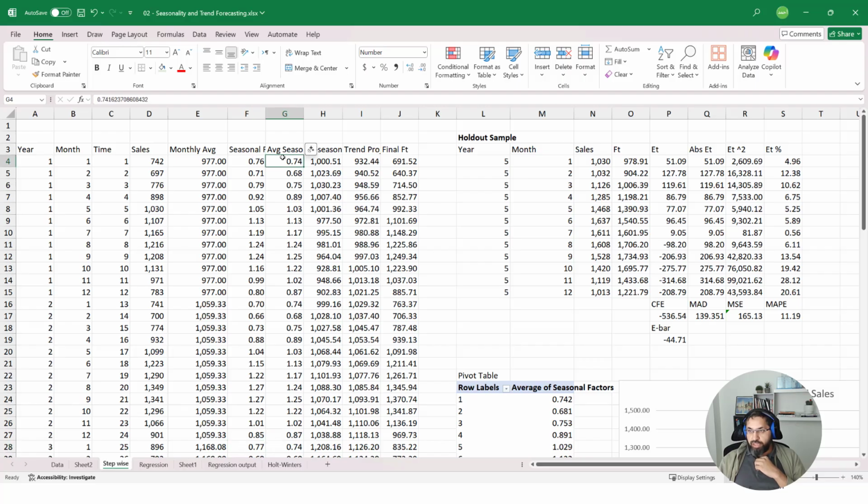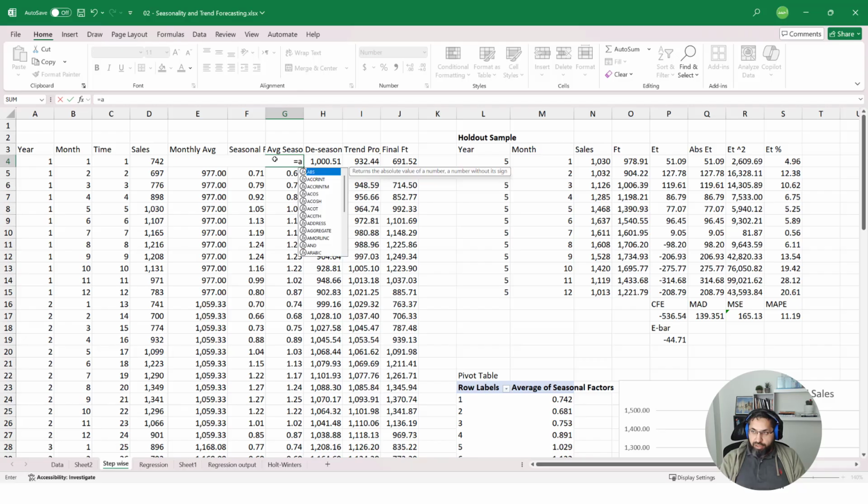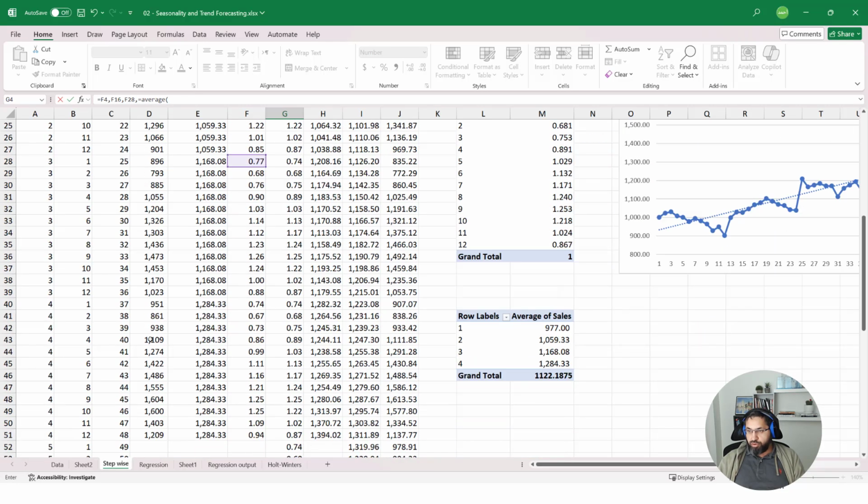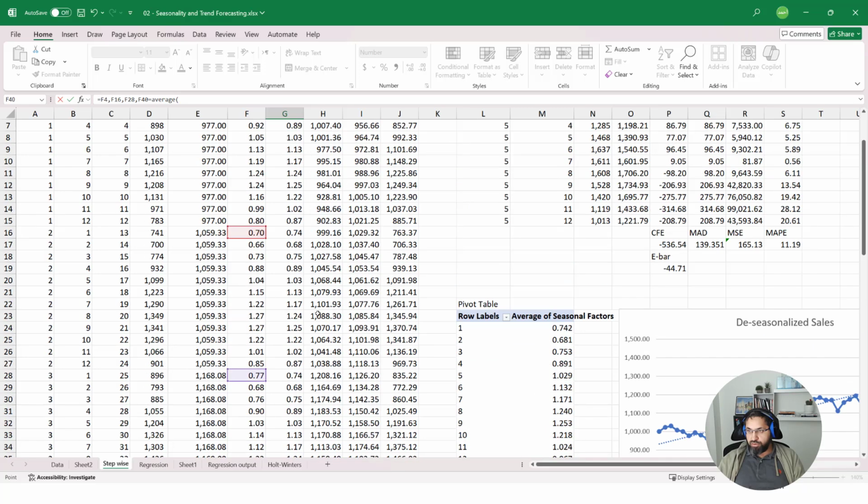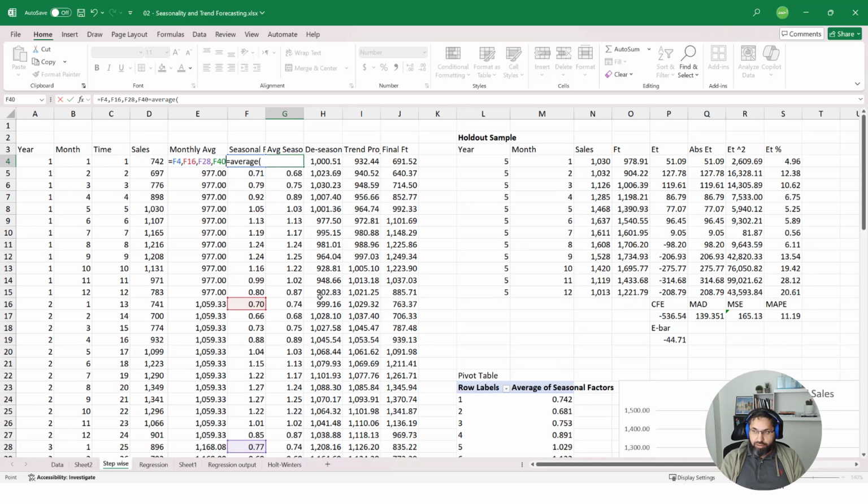One is you can just take the average of all the F1s. That's going to be this value here, comma, then month one again is right here, this value here, comma, year 3 month 1, this value here, and you keep going down, year 4 month 1, this value here.